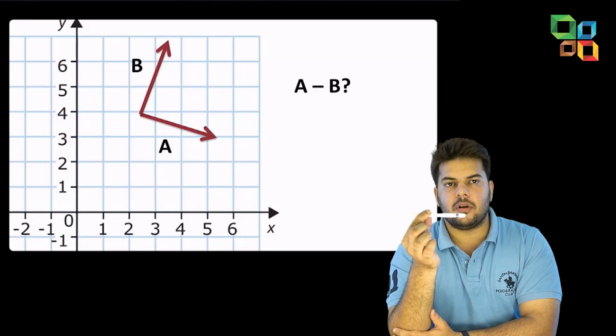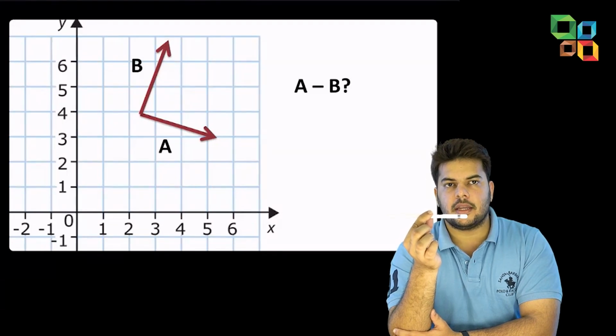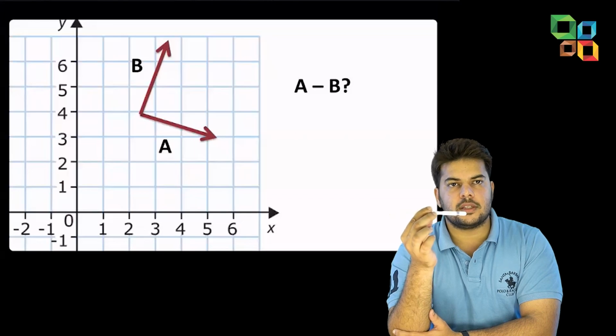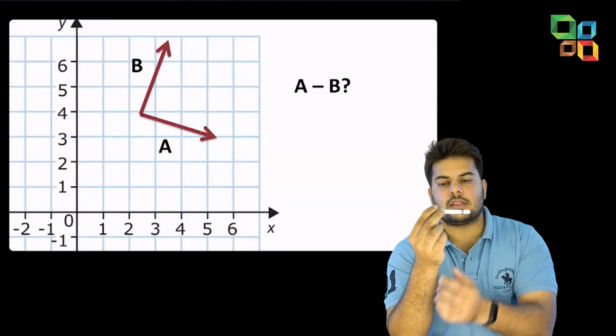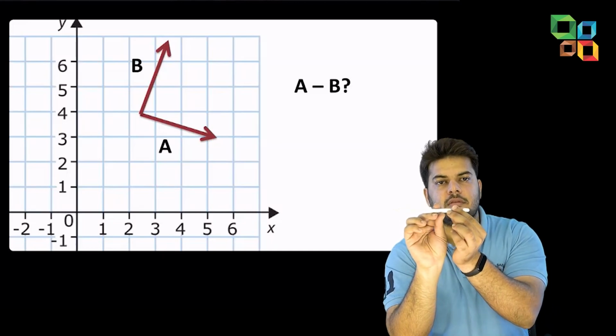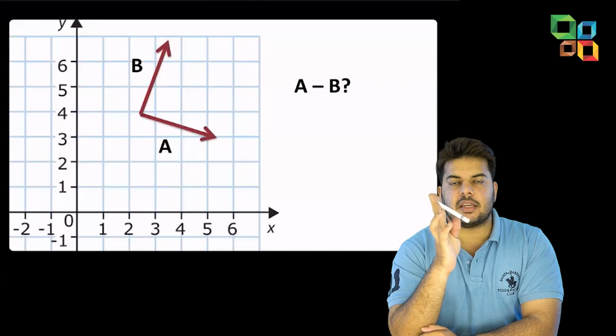Neha, can you take that question? Is it the exact opposite? Yes. So if this is a vector, negative a vector would be this, isn't it? That's how we define negative vectors. They are just opposite in direction. Magnitude is the same.